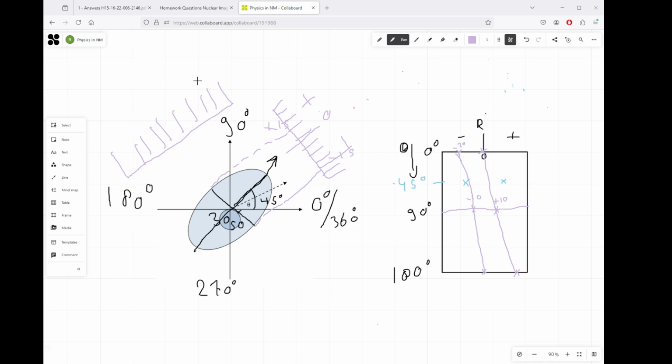Which is basically 45 degrees plus 90 degrees, which ends up at 135 degrees. So now we have 135 degrees, which ends up, I think, here, 135 degrees.